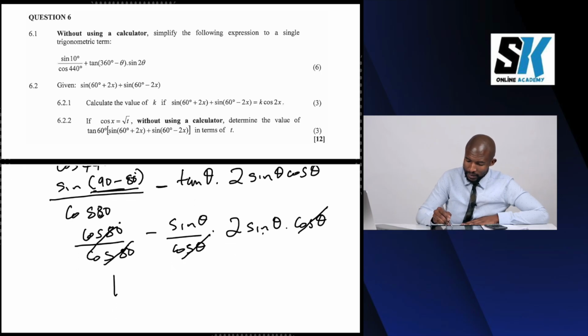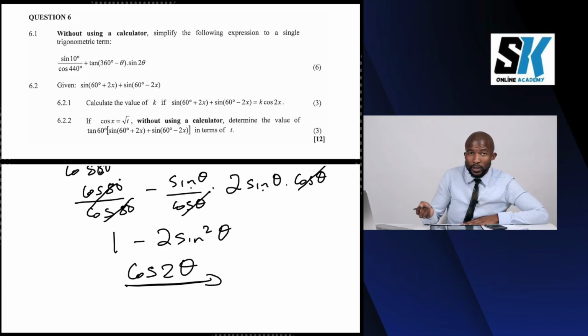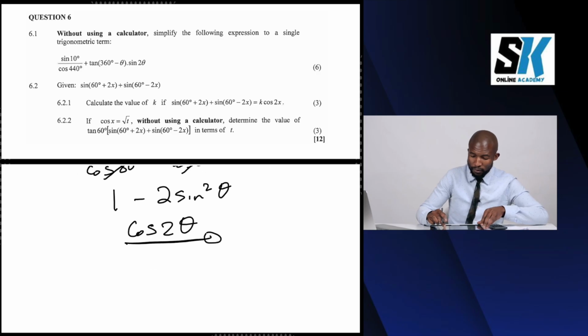Then sine times a sine, with the negative, is a negative sine squared times 2, which is negative 2 sine squared theta. That is one of the double angles of cos, which means it is equal to cos 2 theta. So it's one trigonometric term, and we've achieved what they were looking for.